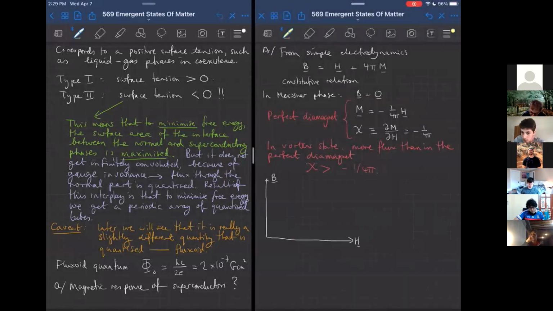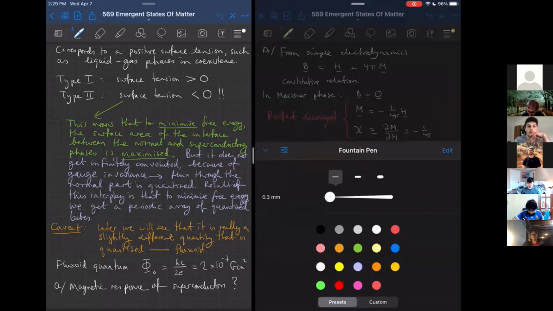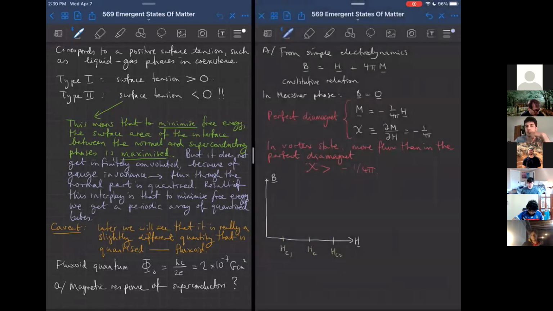So we know that there's going to be the important scale HC1, and the important scale HC2. Somewhere in the middle is HC, which in fact really doesn't play much of a role. And then what we will see, oops, let me use a color that you'll be able to see. So what we would expect is that B would be proportional to H in general.